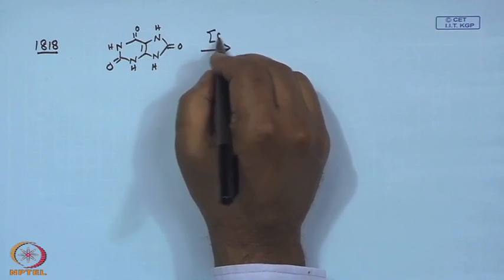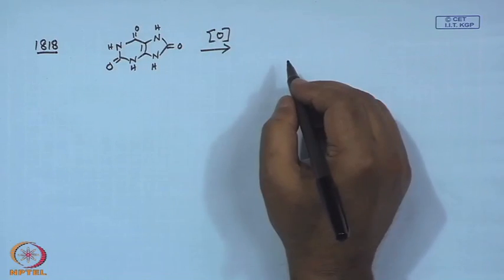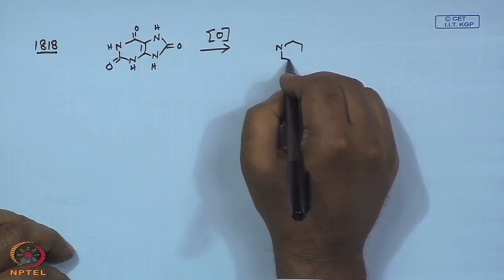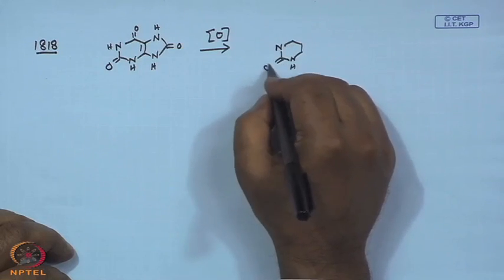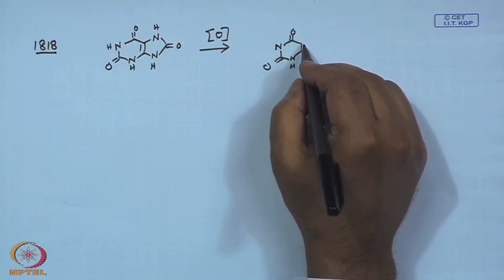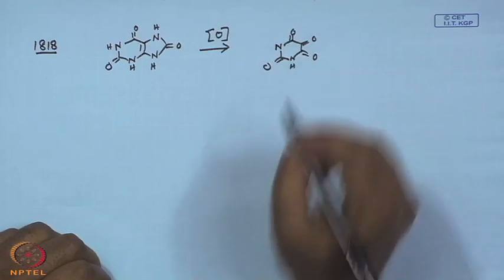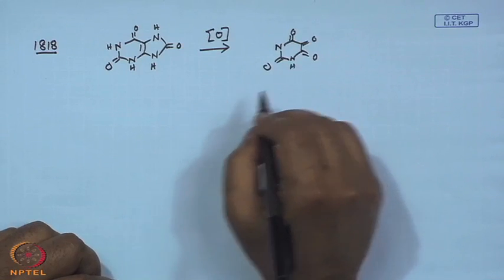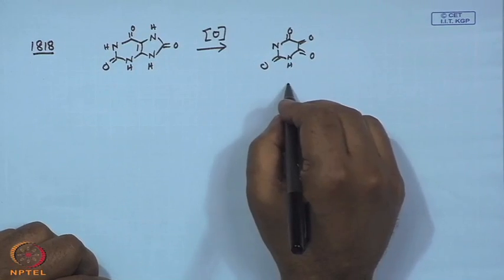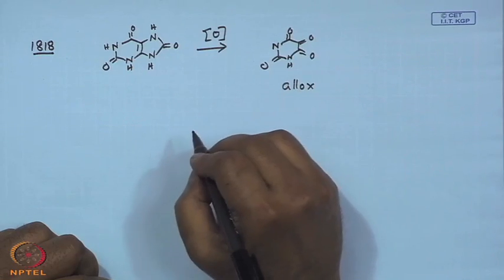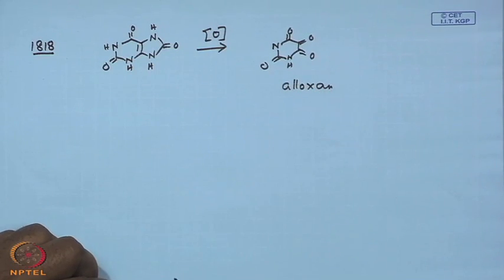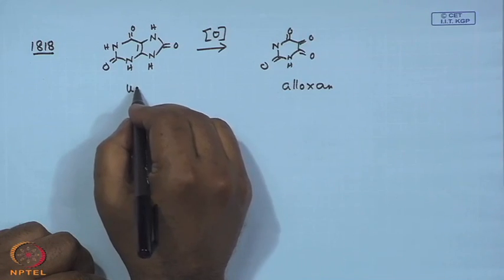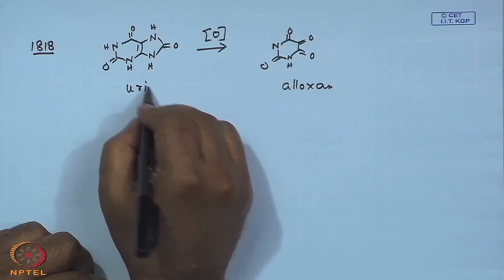Then if you oxidize normally with nitric acid or chromic acid, what do you expect? You expect a molecule of this kind. Oxidation takes place at the double bond and a keto group is generated, and the other part is urea. Some of you probably know the name of this molecule. Alloxan. It is a famous molecule, a classical name, alloxan. And what is this molecule? Uric acid.